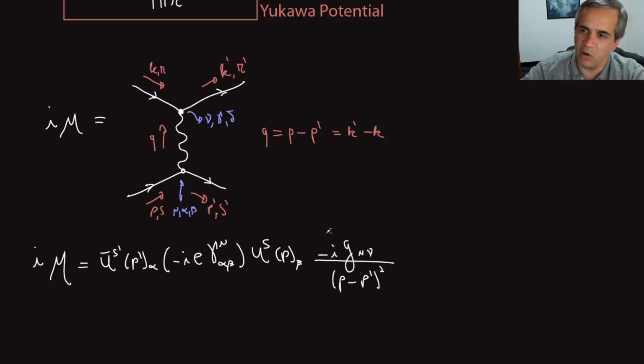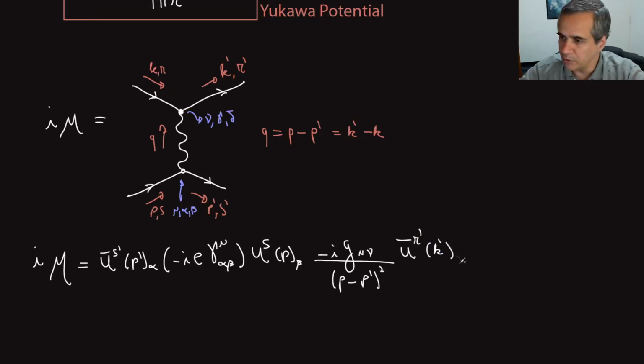And then I have the other fermion line, which is u bar R prime, K prime, gamma, because I choose these indexes, the QED vertex, mu, and notice that this is wrong. This should be nu.